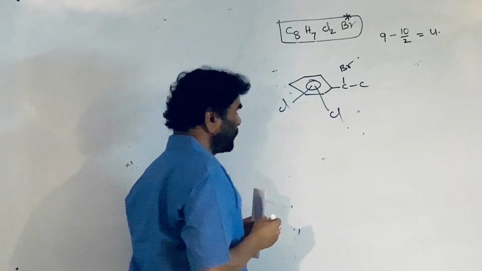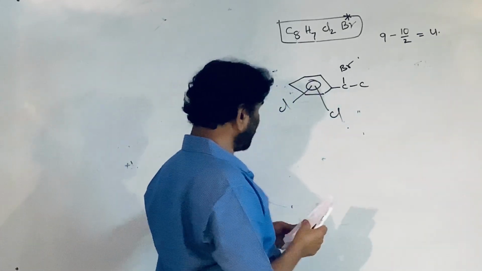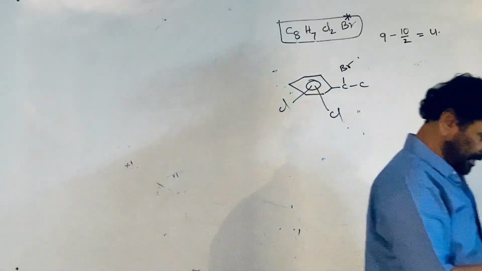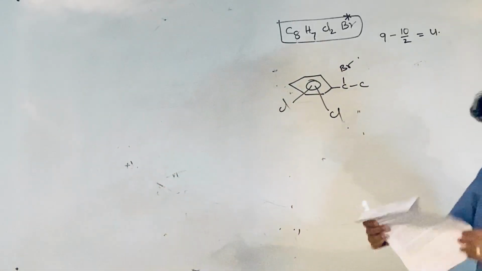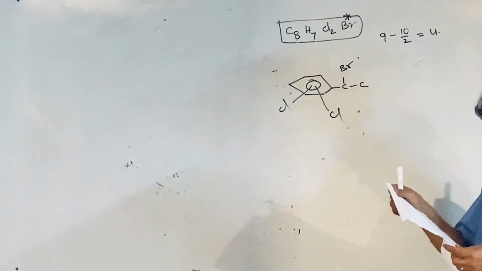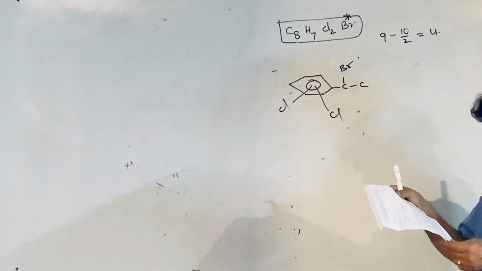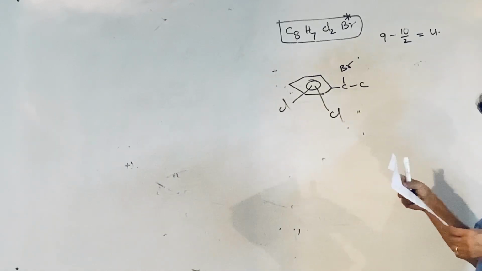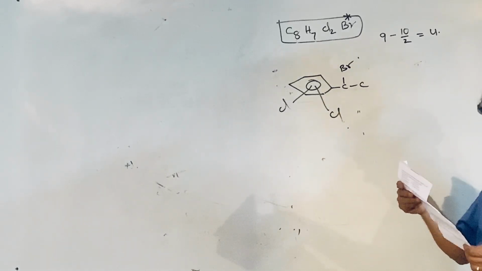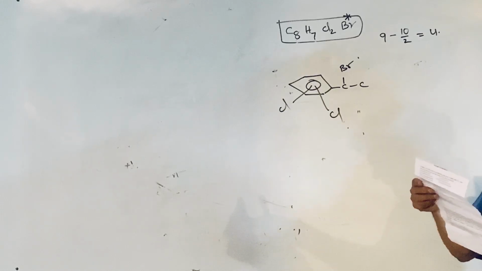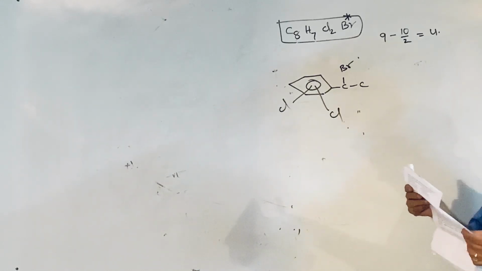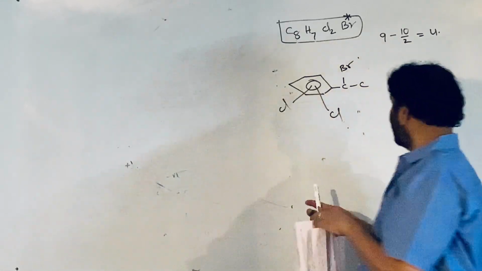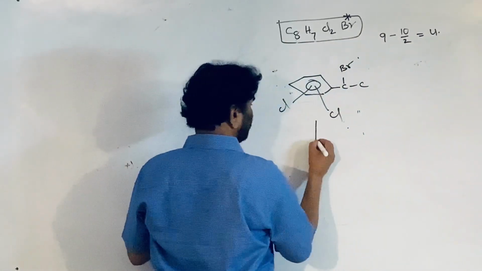So one thing is done. What is the next thing? Anywhere it need not be there. Alcoholic KOH, and the molecular formula is this, is treated with alkali.